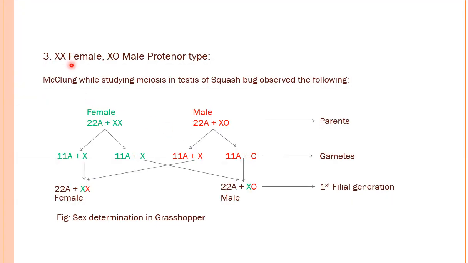Third type is the XX female XO male type. McClung, while studying meiosis in testes of squash bug, observed the following.